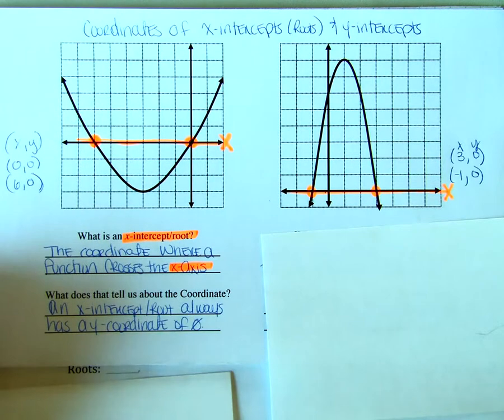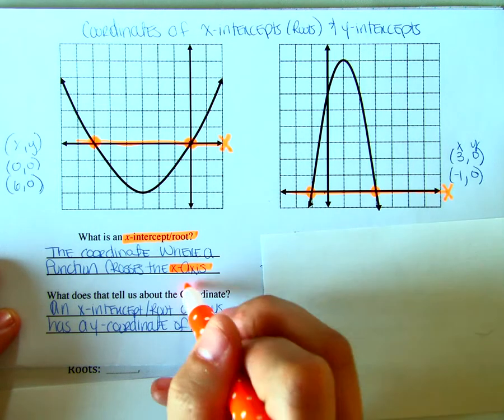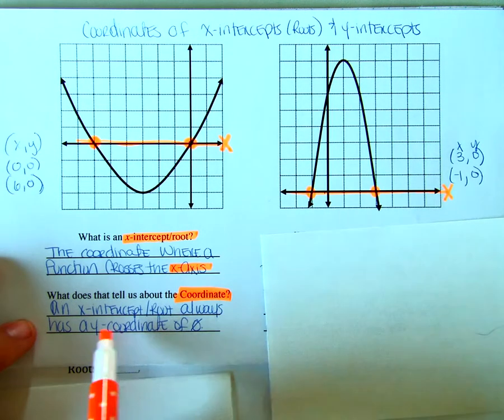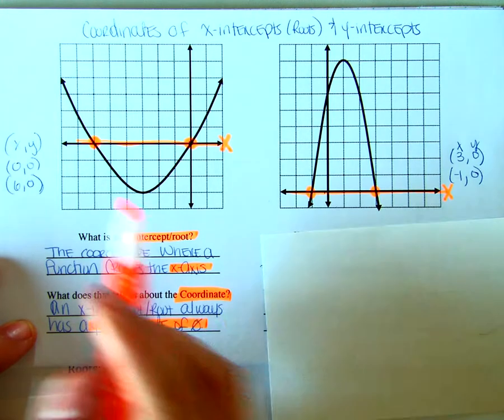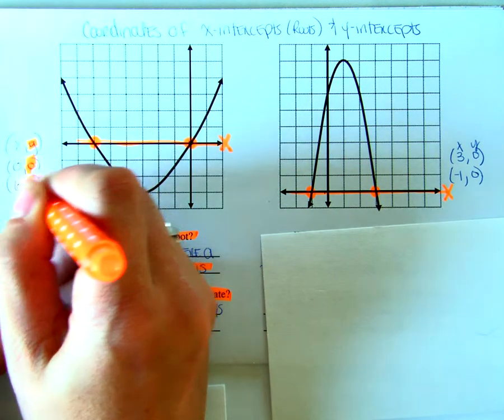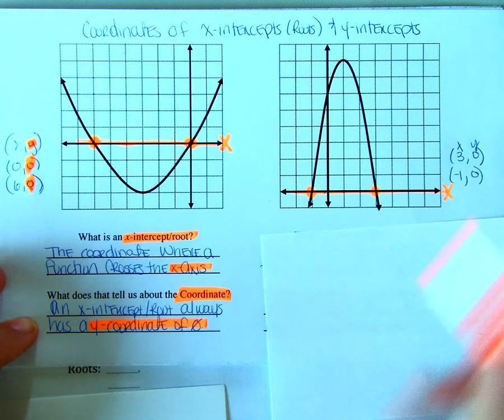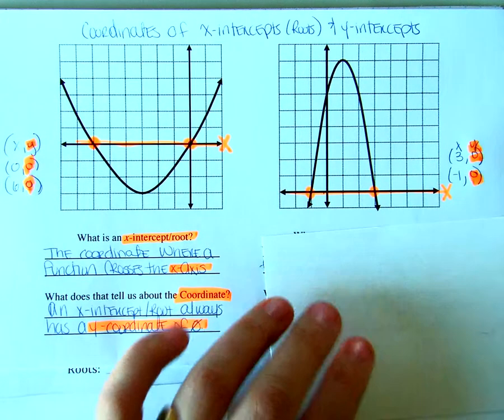And what does the coordinate actually tell us about an x-intercept? Well, an x-intercept or a root will always have a y-coordinate of 0. So if you take a look at all of these, you'll notice that the y-coordinate is always 0. Here even too. The y-coordinate is always 0.